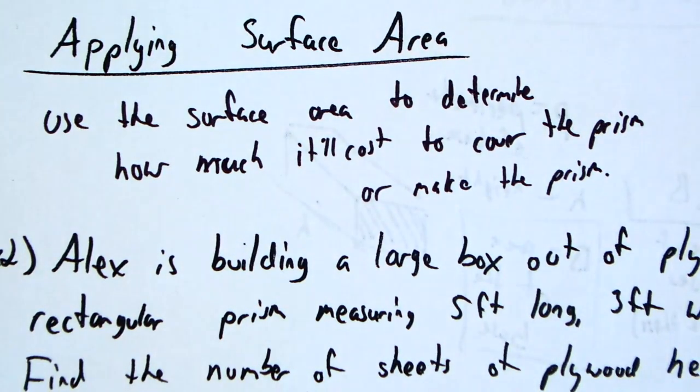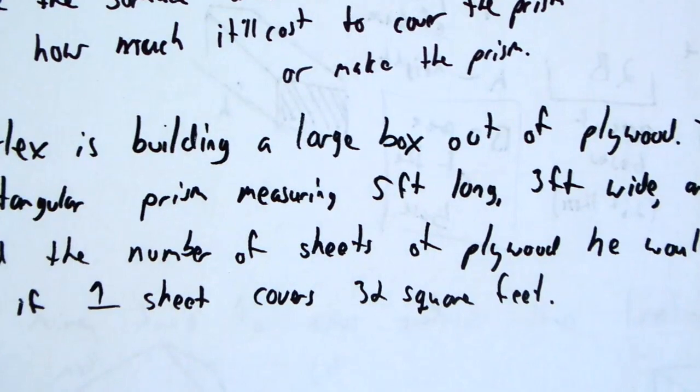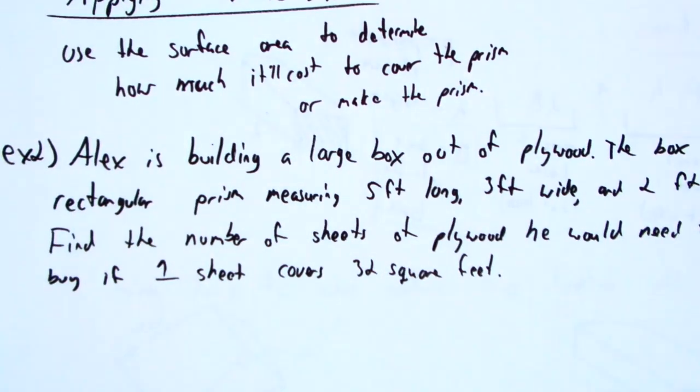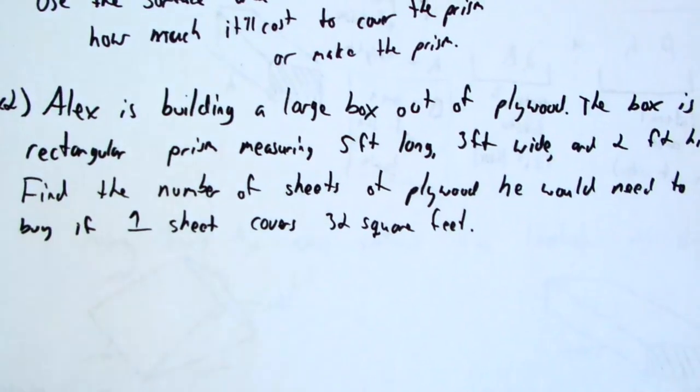So let's look at example 2 here. It says Alex is building a large box out of plywood. The box is a rectangular prism measuring 5 feet long, 3 feet wide, and 2 feet high. Find the number of sheets of plywood he would need to buy if one sheet will cover 32 square feet.